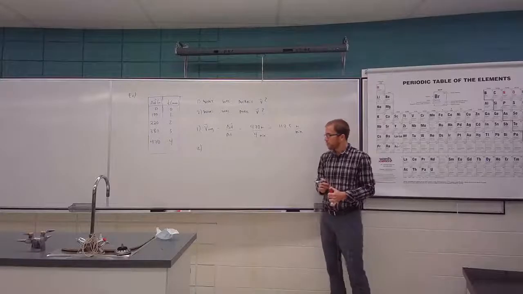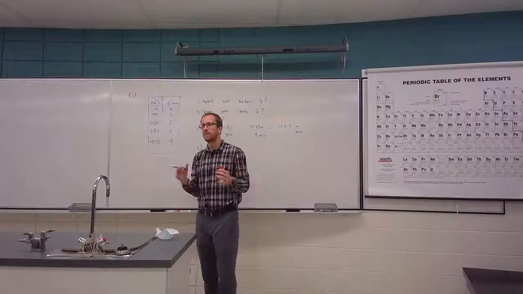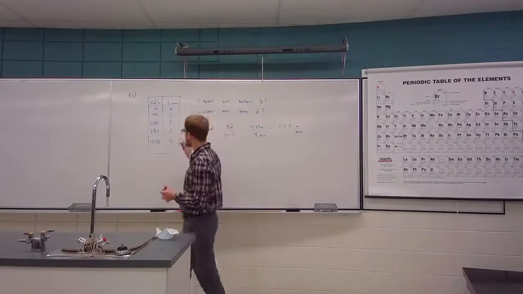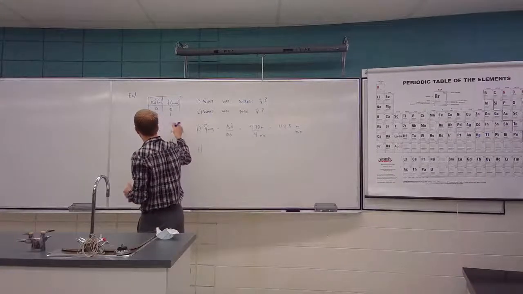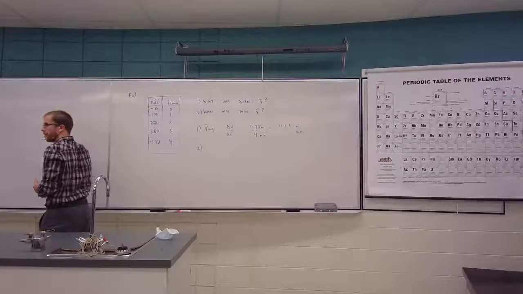So in which of these intervals did I cover the most distance? Did I have the greatest change in position? 380. Excellent, from minute 2 to 3. If we look from minute 0 to 1, what was my displacement? 100.